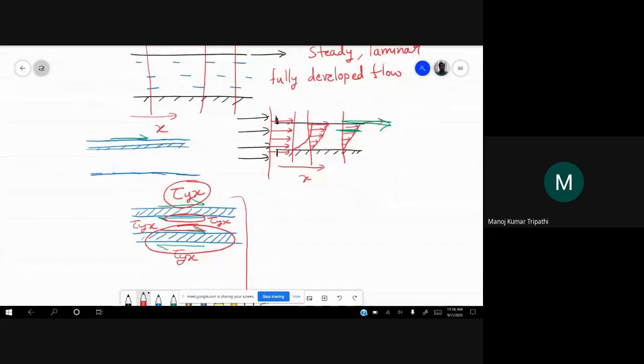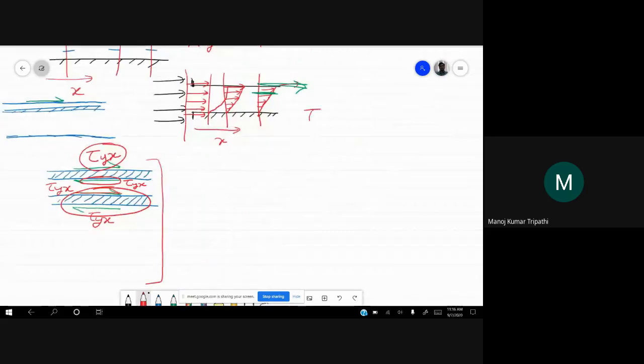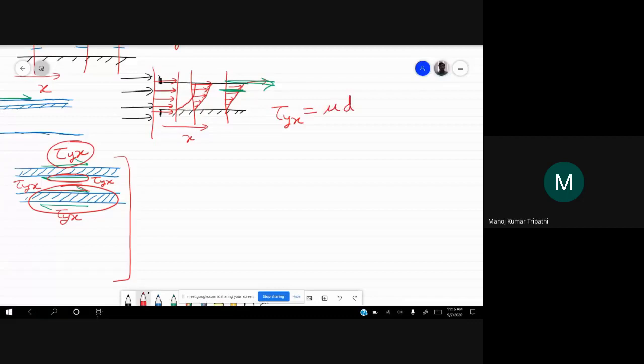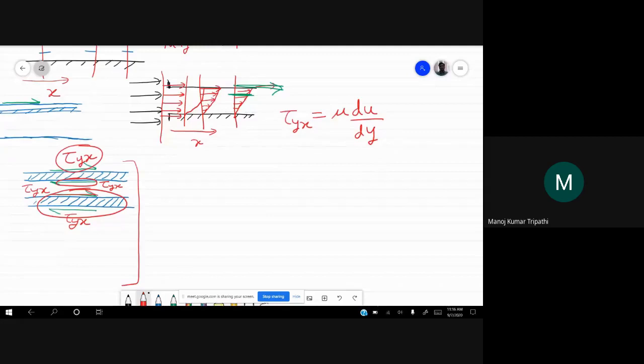And you can derive that from the formula also. The formula for stress was mu times du by dy. This also we discussed. And what is velocity? Velocity is a linear function of y, so it will be something like a y plus b.